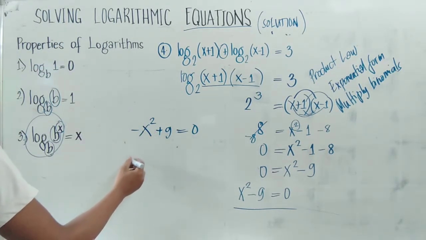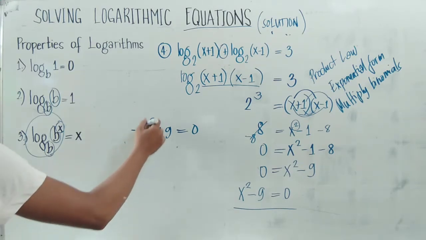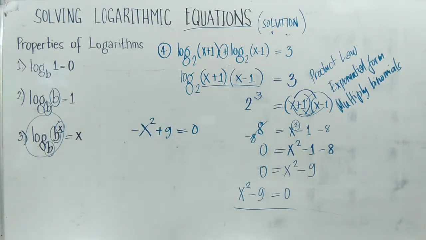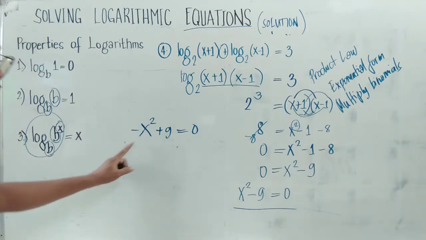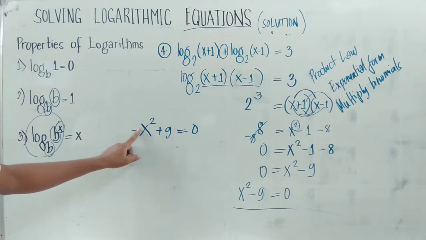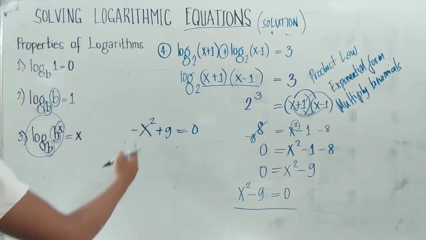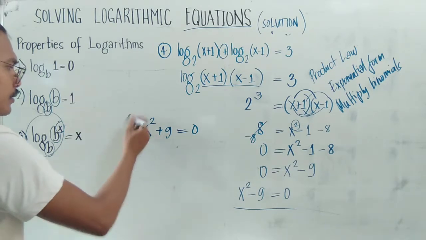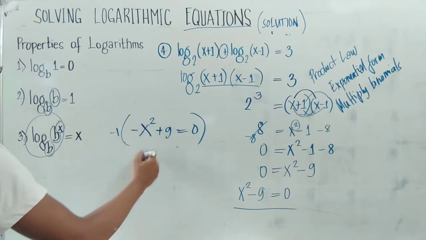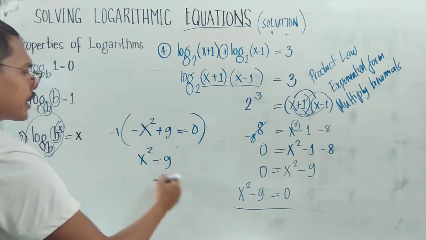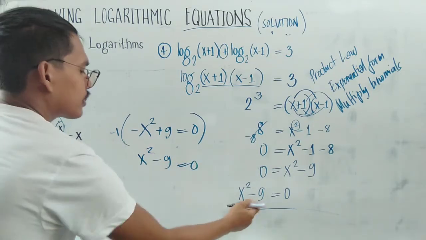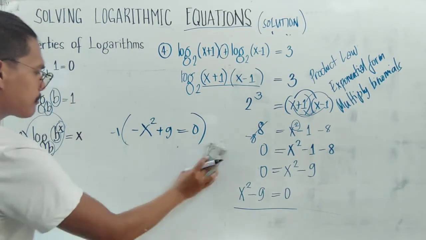But in the form of your equation, the leading numerical coefficient a should be equal to 1. So therefore, we should multiply by negative 1 and we will get x squared minus 9 equal to 0. The same. Okay?